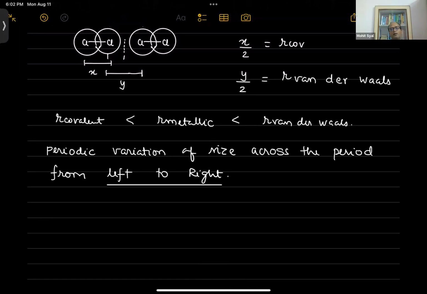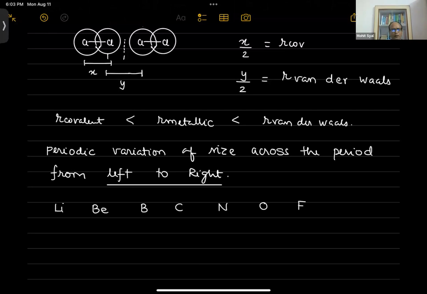So as you move from, let's say, lithium, beryllium, how is the size going to change? Periodic variation of the size across the period. I hope you understood the meaning of this.